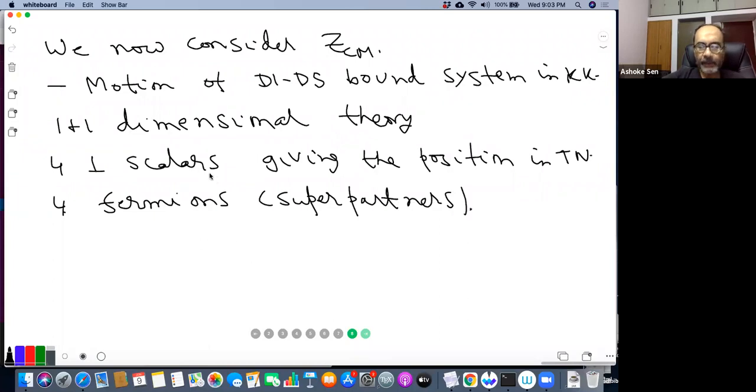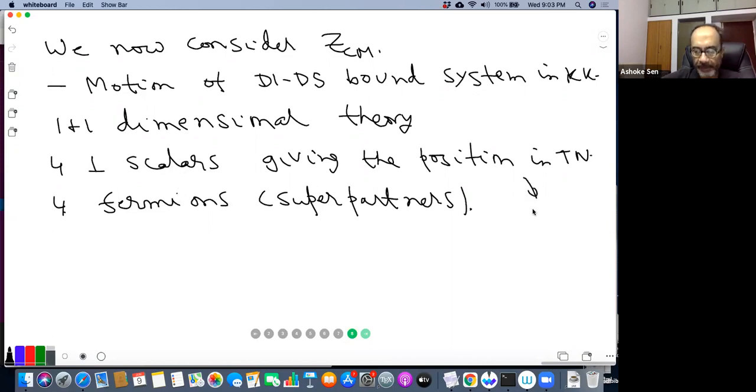And it requires a little bit of analysis to figure out what the J and H quantum numbers of these are. This is of course not hard, because the scalars form a vector of SO4. The vector of SO4 carries both J and H; it's basically a half-half representation. So it carries both J and H quantum numbers.